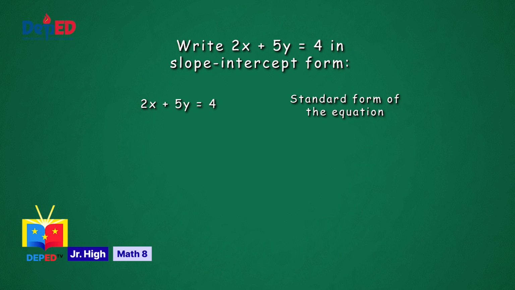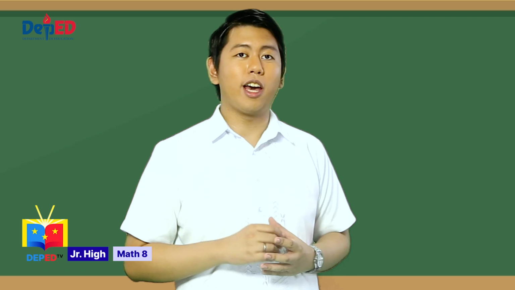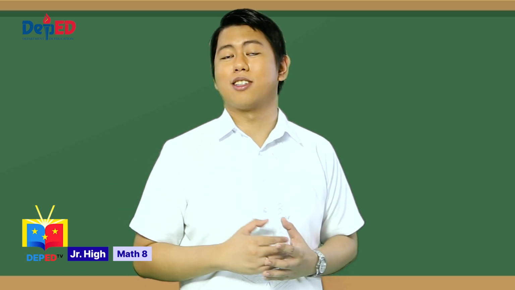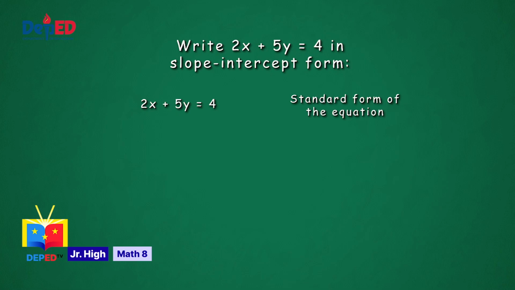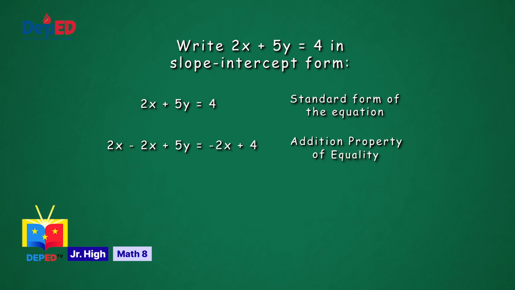To write the equation in slope-intercept form, we must express y in terms of x, or isolate y on the left side of the equation. So in this example, we can apply the addition property of equality by adding negative 2x to both sides of the equation. Or simply, 5y equals negative 2x plus 4.